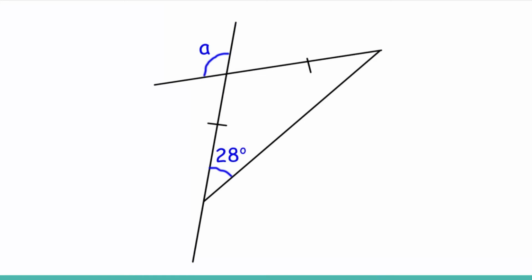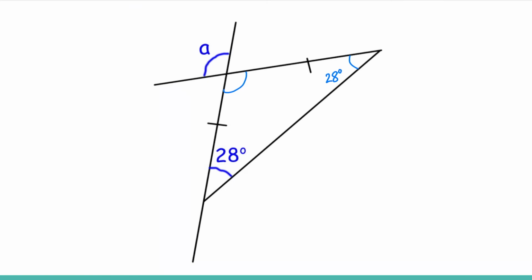So if we were given this type of question, we know we're using those basic angle rules to help us. Because we see these lines here, we know that it's an isosceles triangle, and that means that this angle is also 28 degrees. So I can now find what this angle here is.